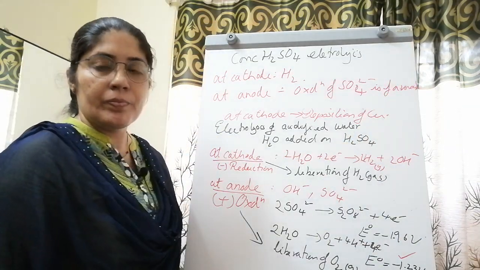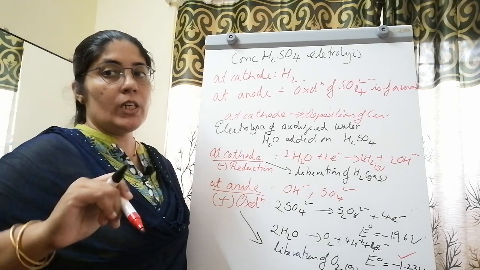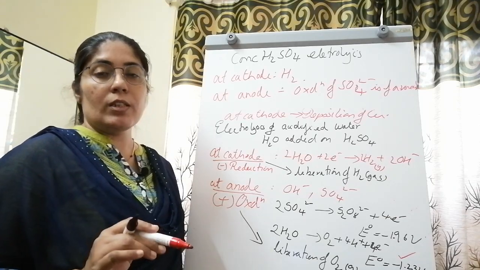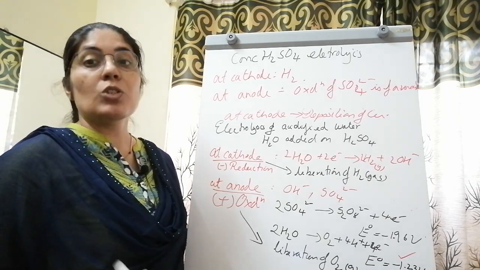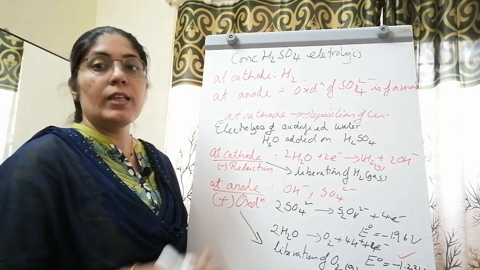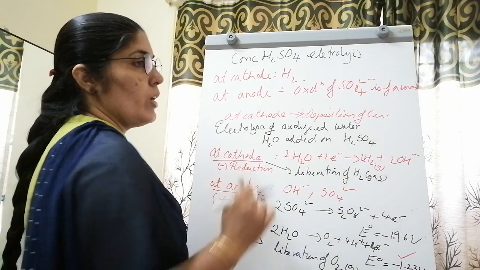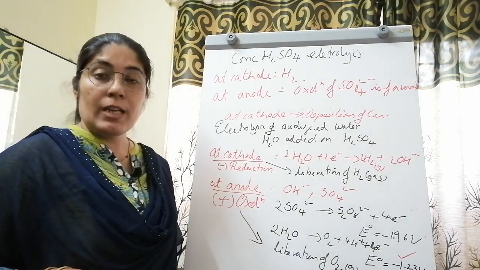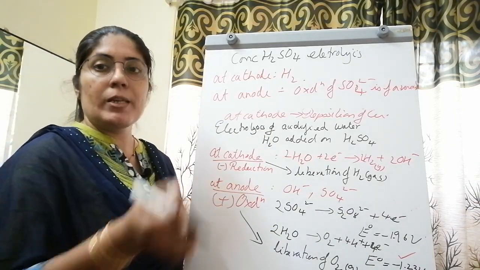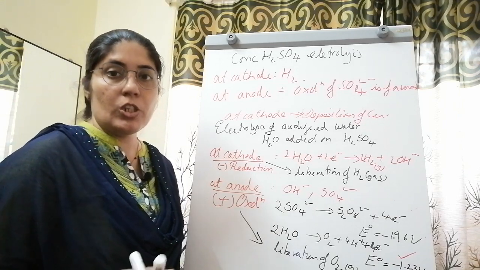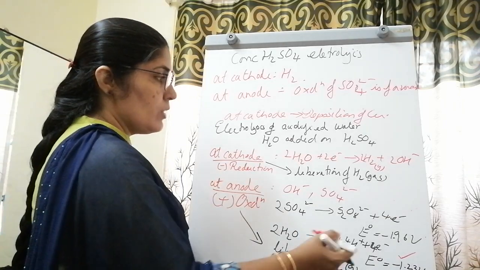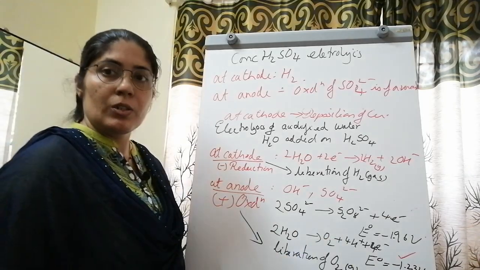Clear? So please write it down that when we change from dilute sulfuric acid to concentrated sulfuric acid, there is no change at the cathode, you will be having hydrogen gas liberation. But at the anode, instead of oxygen gas liberation, you will be having sulfate ion oxidation. Okay.